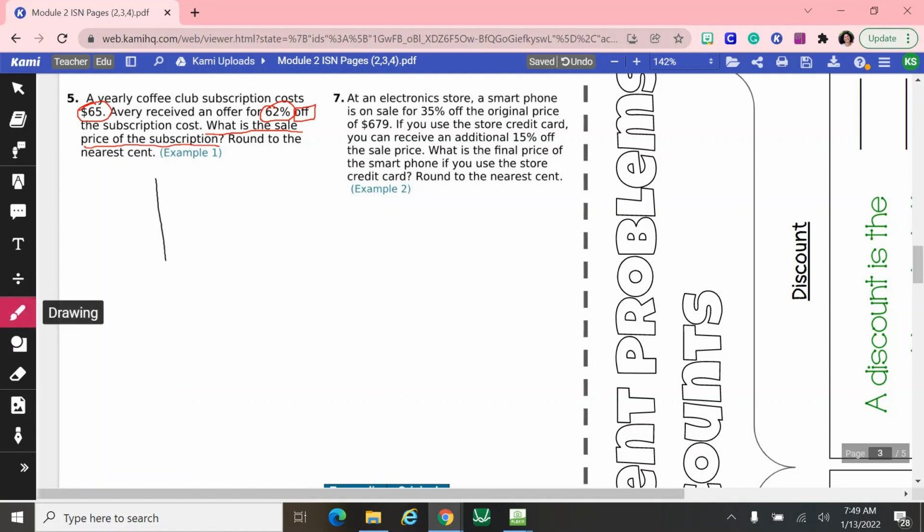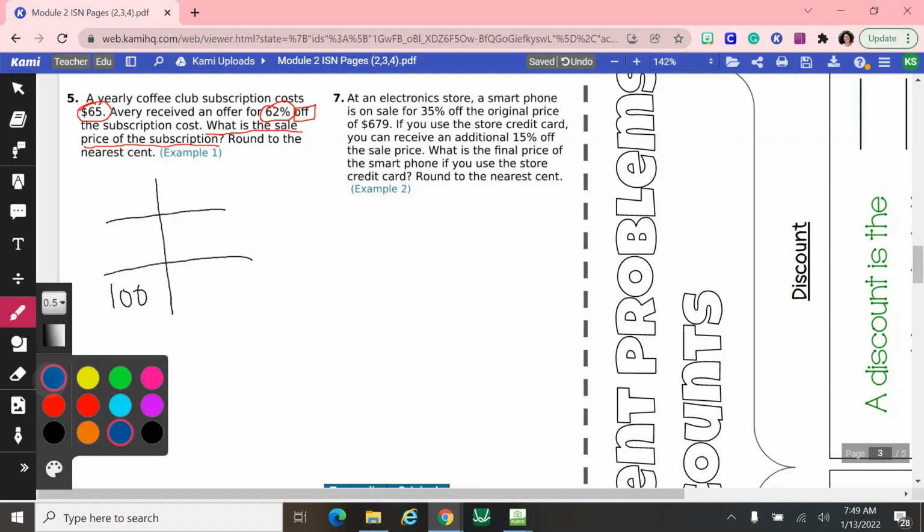So I'm going to start by setting up my graphic organization system, which is just how we are going to figure out what goes where in a proportionate equality statement. We are dealing with percents, so we are going to write 100 in the lower left-hand corner. The original cost was $65.